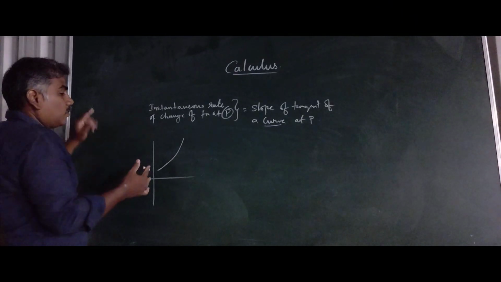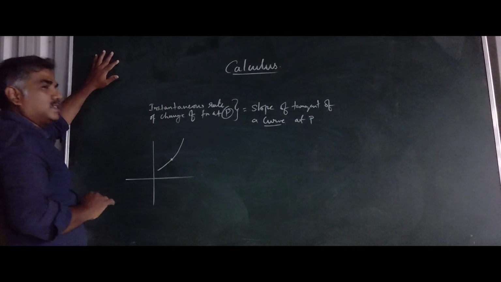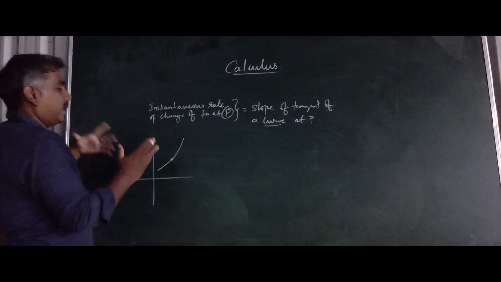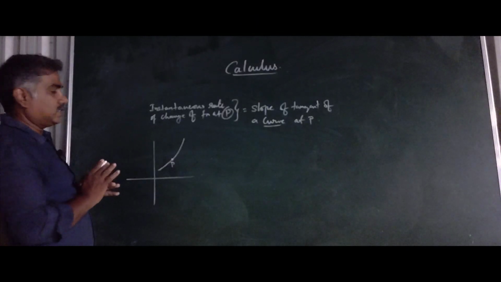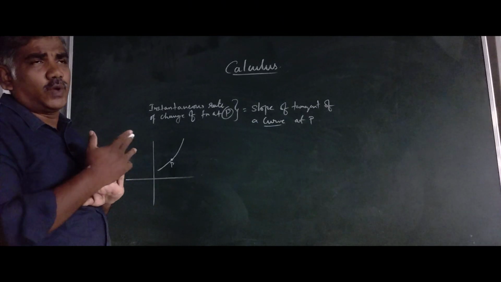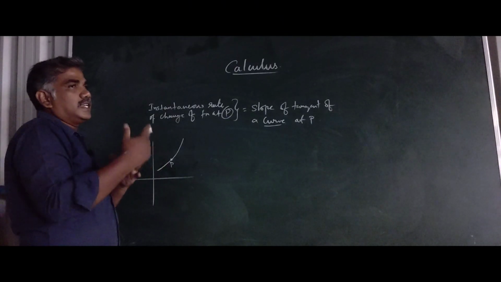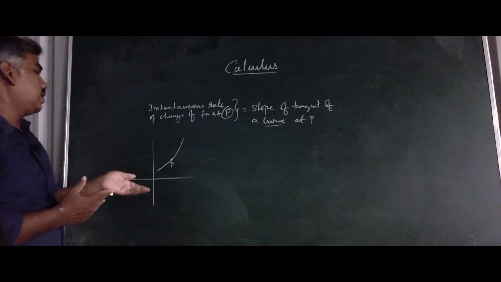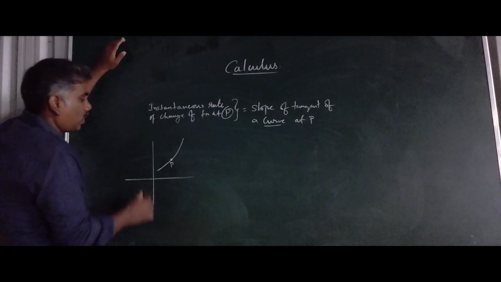Now, to find the speed of the vehicle at this point, it is not easy without knowing the concept of differentiation. Once you know differentiation, we can easily find the speed of the car at a particular point. Okay, let's see how we can find it.